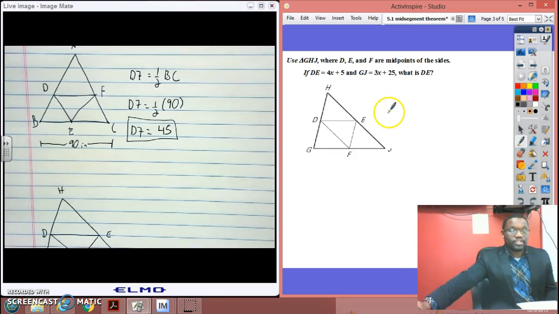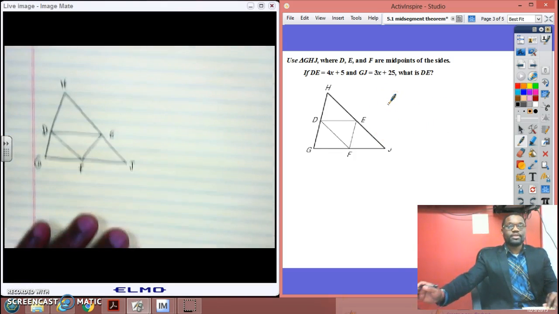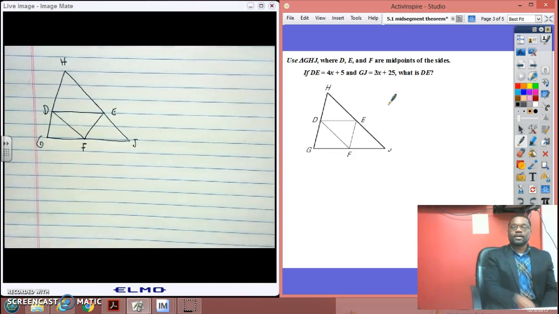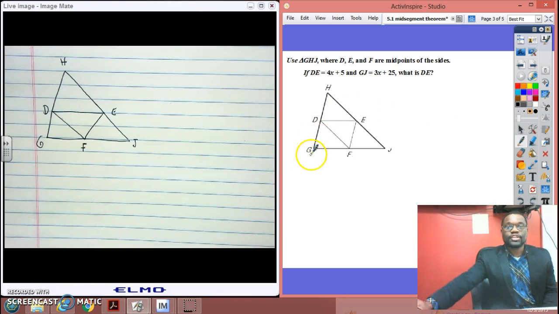But as we notice, all the problems won't always be numbers. It says use triangle GHJ where D, E, and F are midpoints. So we know all these are midpoints.